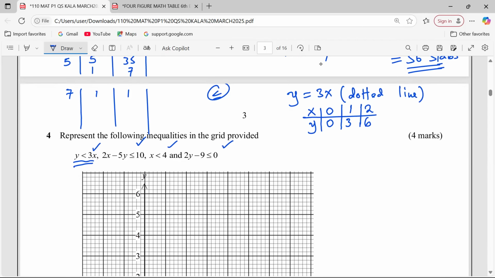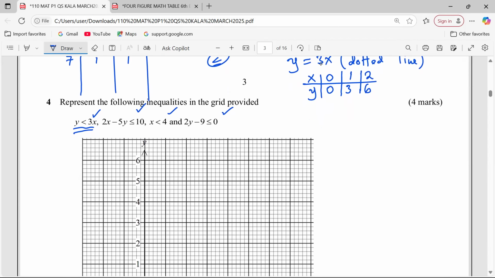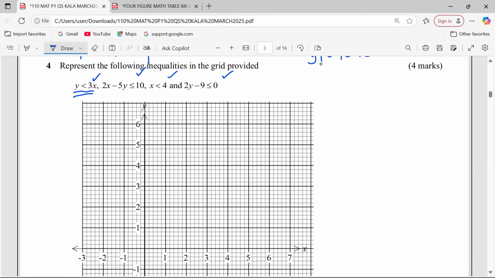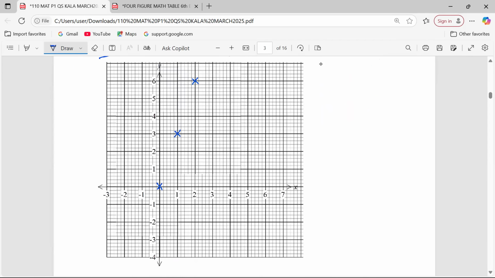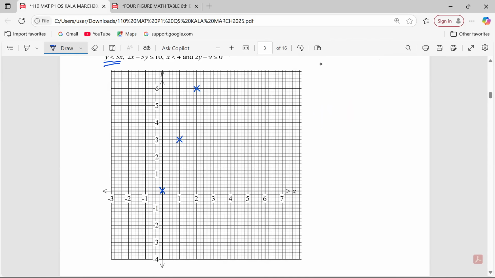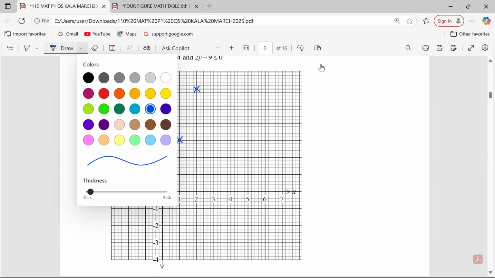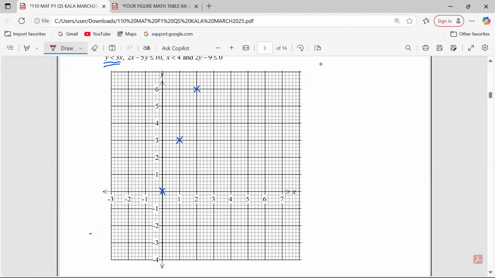So we get to our Cartesian plane and plot 0, 0, 1, 3, and 2, 6. Those are some of the points where the line shall pass, and we're supposed to make it a dotted line. Very specific and categorical. You're supposed to know that.